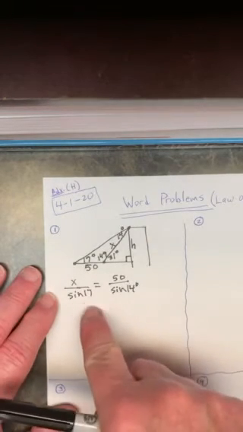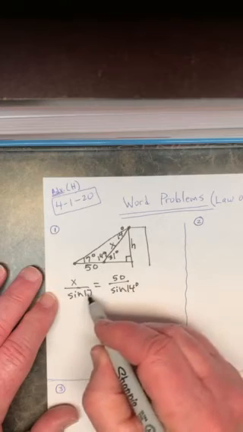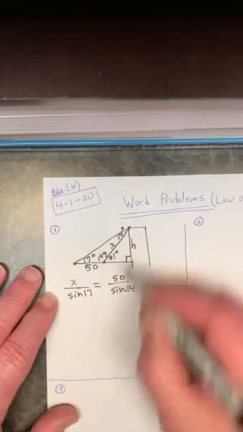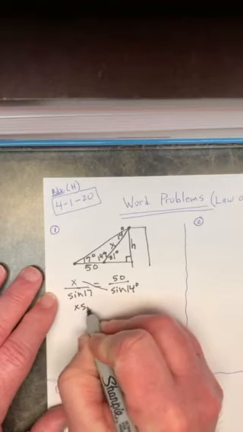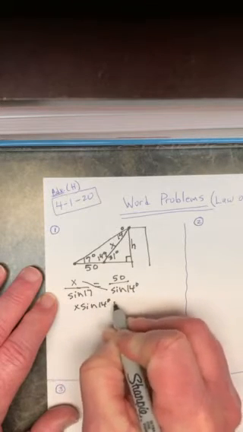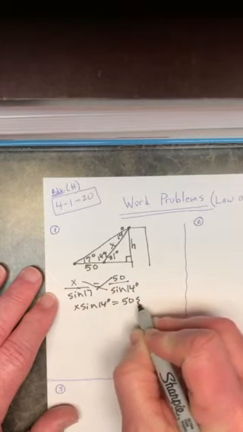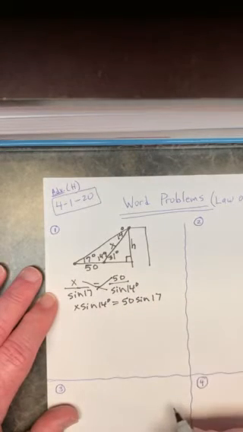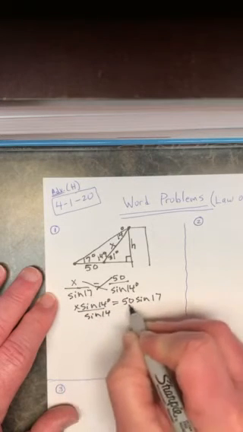So using the law of sines, I was able to set up a proportion, and now I can solve for the missing side X. So cross multiplying, I would have X sine 14 equals, cross multiply this way, I'd have 50 sine 17. Of course, to get X by itself, I divide by the sine of 14.